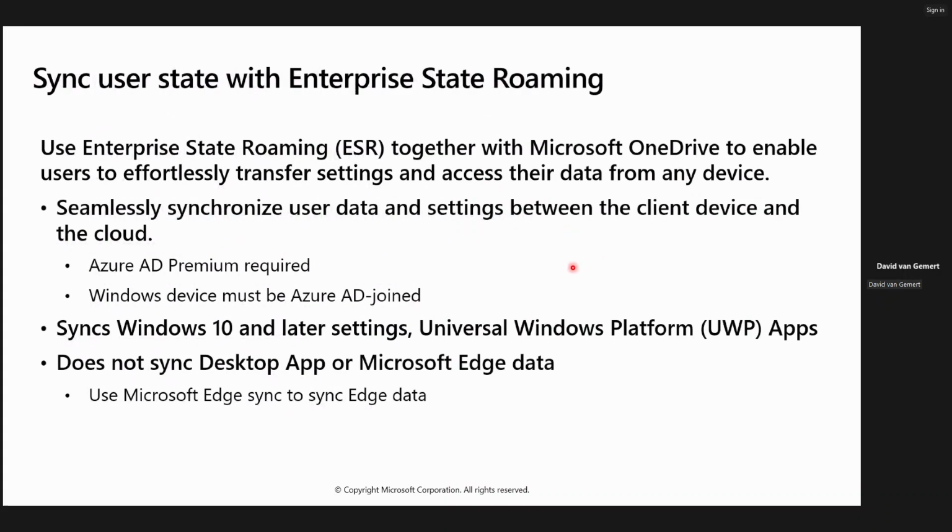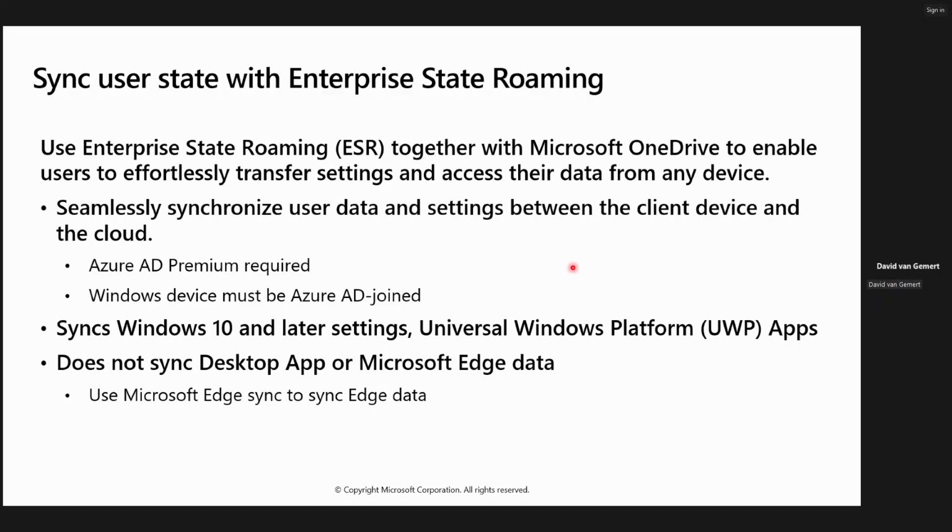So what are some of the new ways of doing it using enterprise state roaming? Enterprise state roaming is a cloud-based service, which together with Microsoft OneDrive, we can use to enable users to effortlessly transfer settings and access their data from any device.